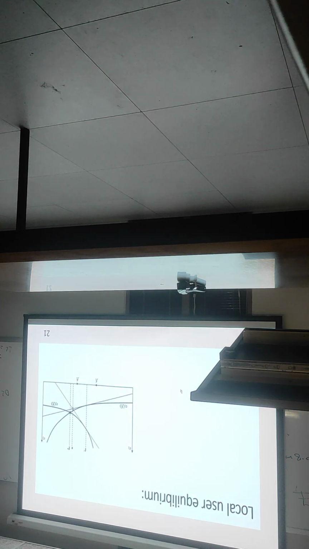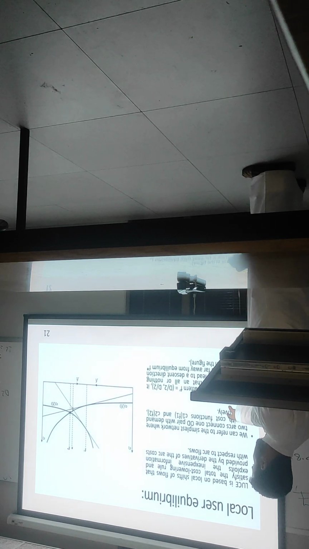The main idea of this method is to seek at each node a user equilibrium. So they are focusing on each node of the model for the local route choice of the drivers. Here they actually explain these things, but it's still not very clear to me. So they said we have the cost function, which is demand and supply, and the equilibrium is f prime, which is this one.